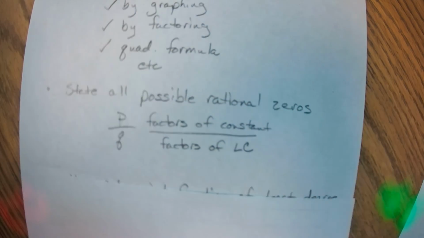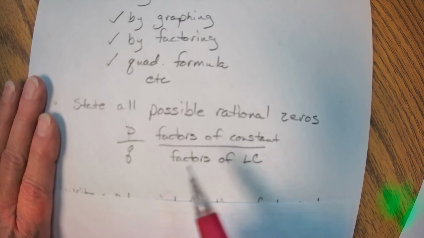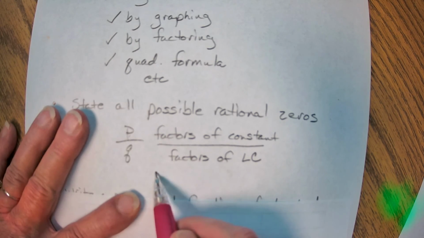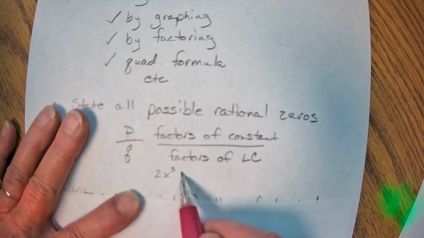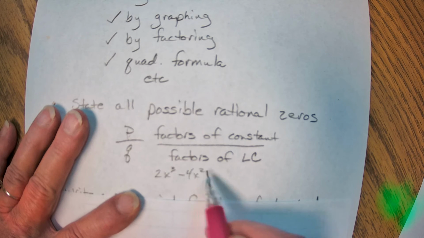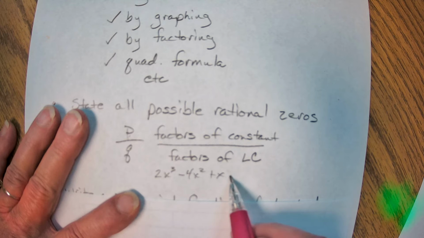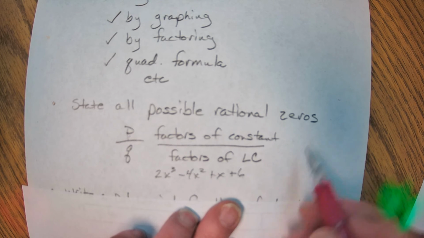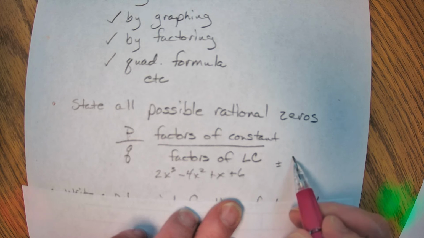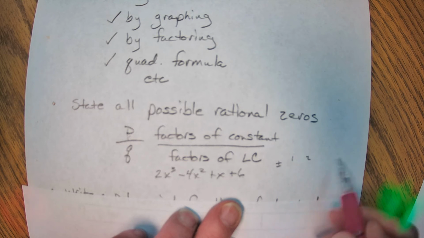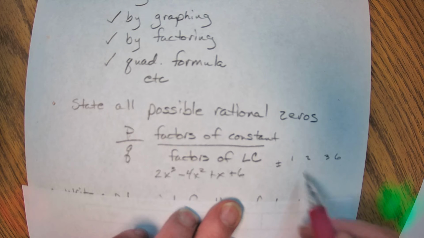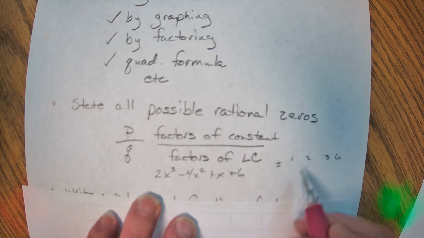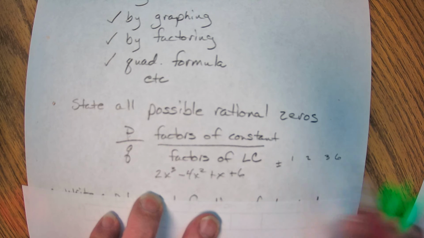Whoops, so sorry, knocked my camera off. So just a reminder, let's say we had 2x cubed minus 4x squared plus x plus 6. So all the factors of 6, 1, 2, 3, and 6, and all the factors of 2, which are 1 and 2.